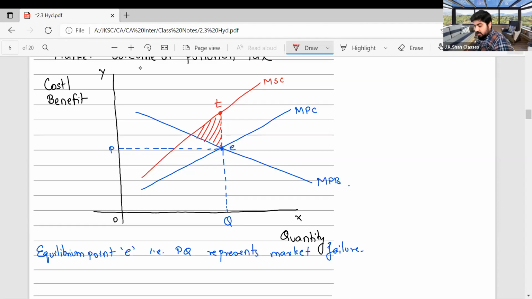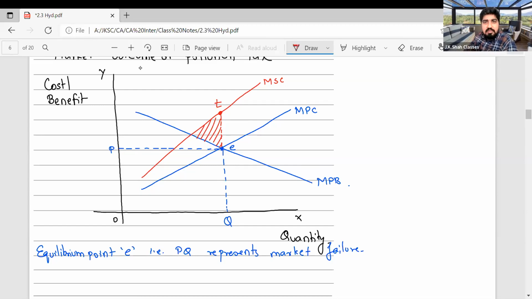Price should be more. Very good. And quantity should be less. Perfect. That's the solution. So government has to do something because of which the price of the product increases, but the people's willingness to buy decreases. That means the quantity decreases.